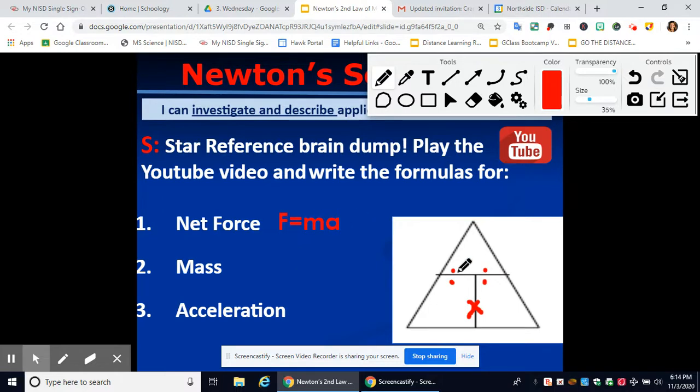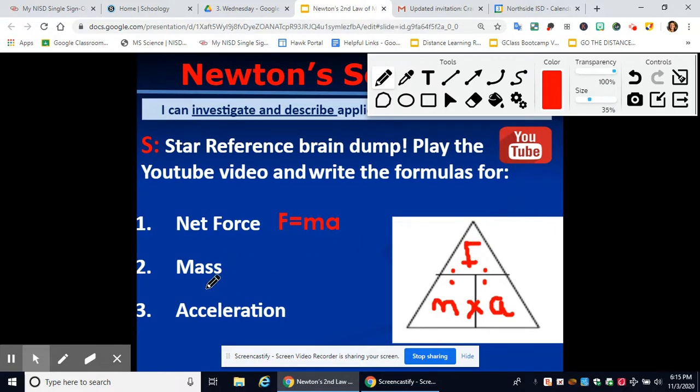So to place this formula in the triangle, you just simply read it. It goes mass times acceleration. So my mass would go here, mass times acceleration. So the only place to place your net force would be at the top of the triangle.